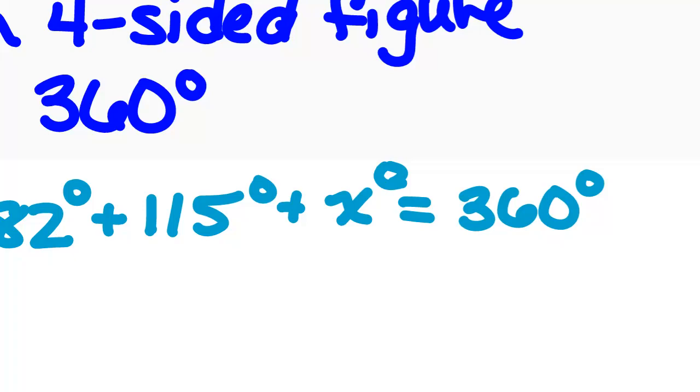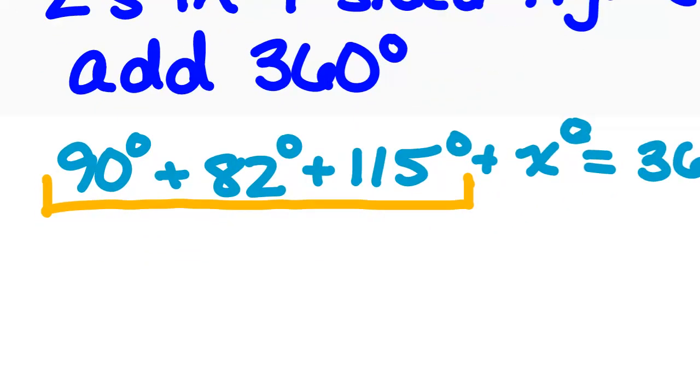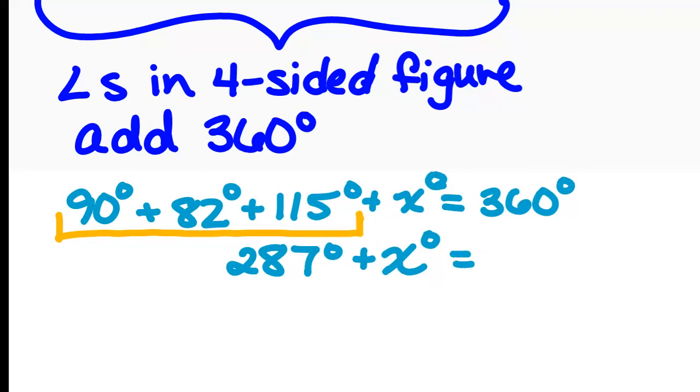So after I get my initial equation set up, we're going to combine our like terms together. 90, 82, and 115 would add together to give me what? I got something close, but not that. I got 287. Maybe just double check on your calculator, because I know sometimes I'll type some things in incorrectly. 287 degrees plus X equals 360.